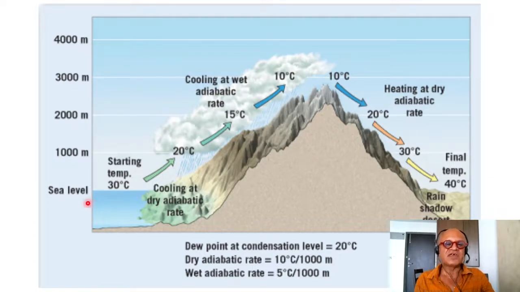For example, if air is forced to rise because of a mountain, it will cool and expand and cause rain on this side, and the air flows over and begins to sink and warms on the other side because the moisture has been squeezed out. So you will get heating at the dry adiabatic rate and cooling at the wet adiabatic rate.